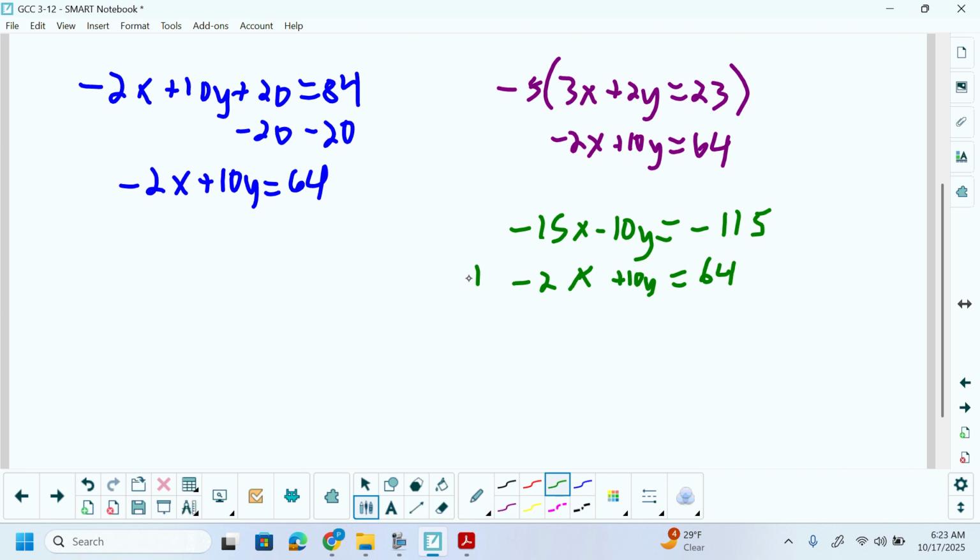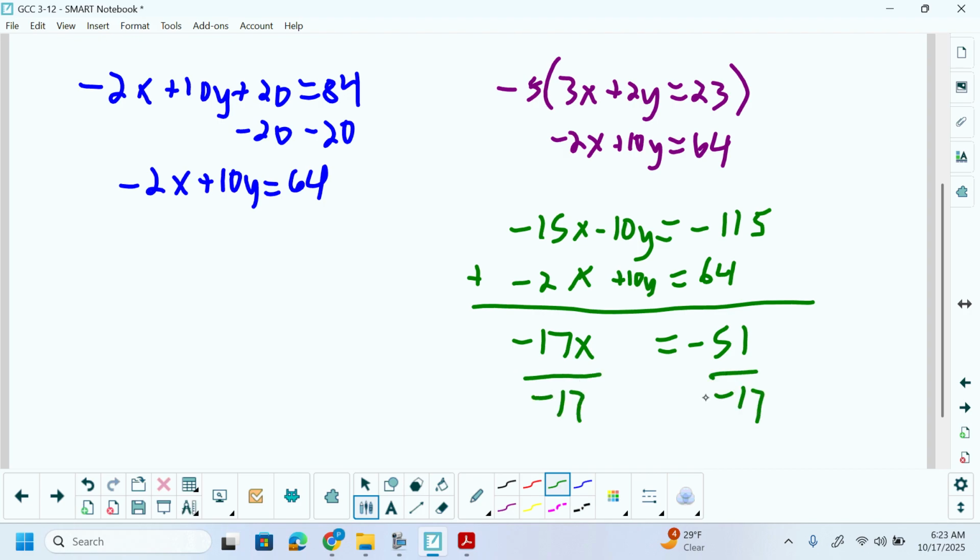If we add these together, we're going to get negative 17x. The y's wipe out. And we're going to get a negative 51 when we add the right side together. If we divide by negative 17, we end up getting x equals 3.